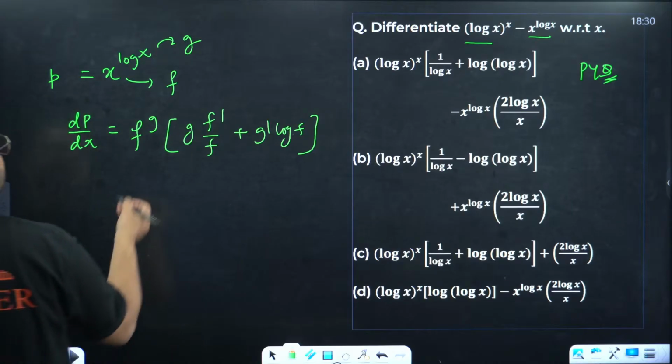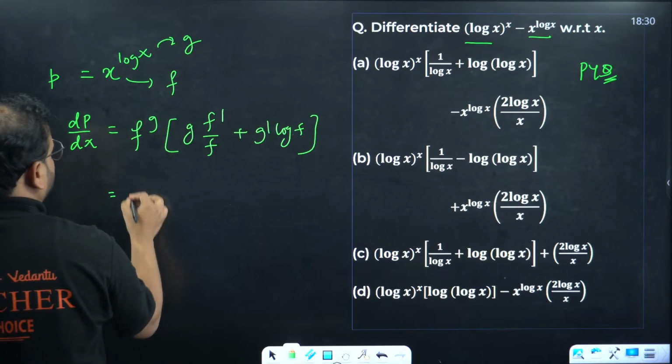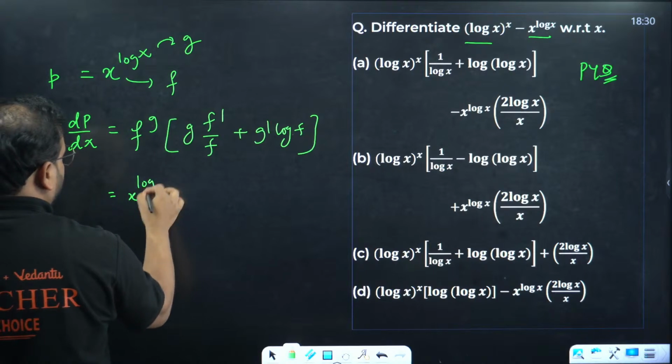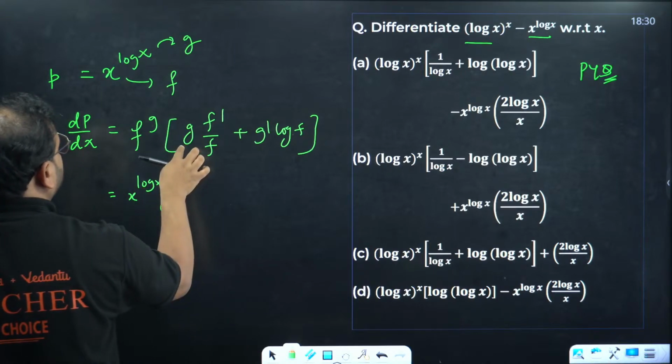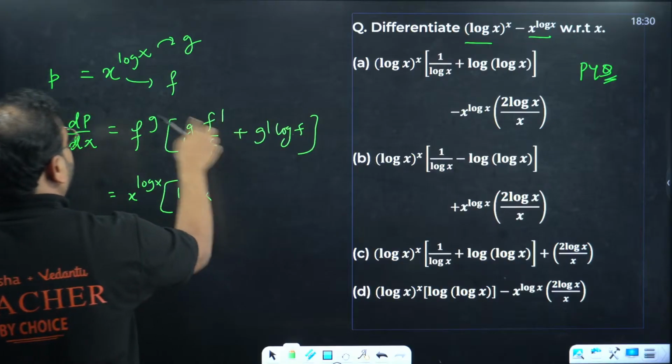Apply. Your g value is log x. So you're going to have this as x power log x as it is, g which is log x as it is, f dash will be 1.